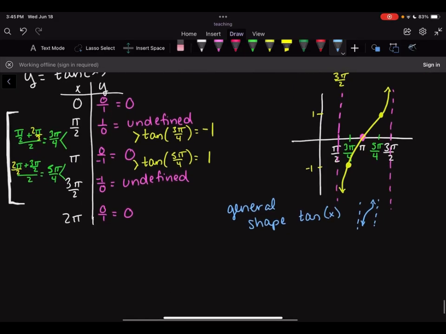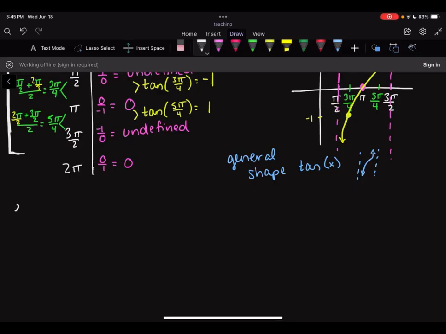So let's go ahead and do an example where I change a little bit up.